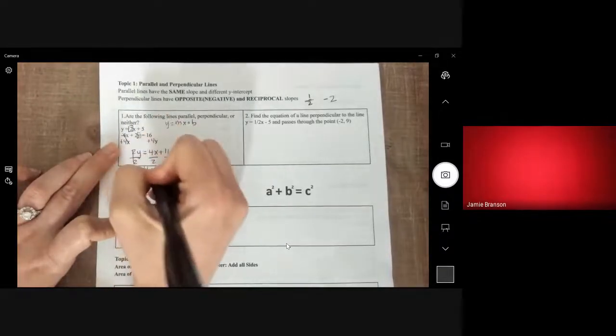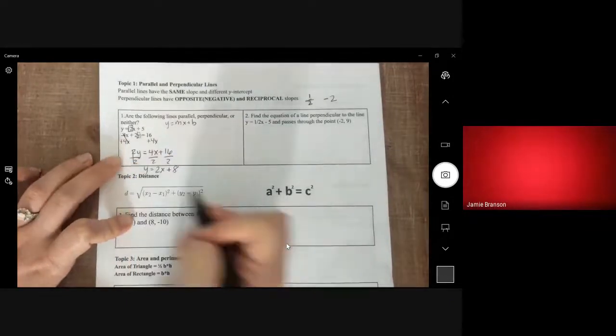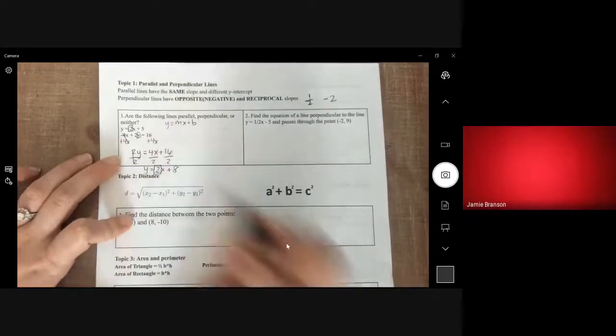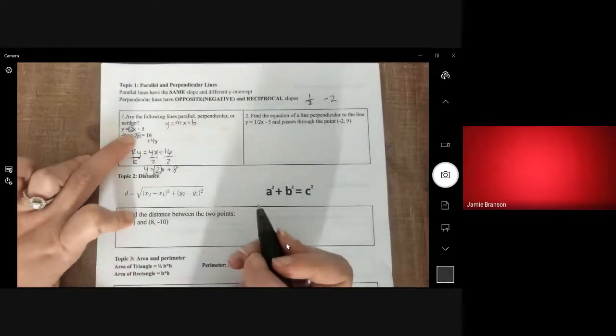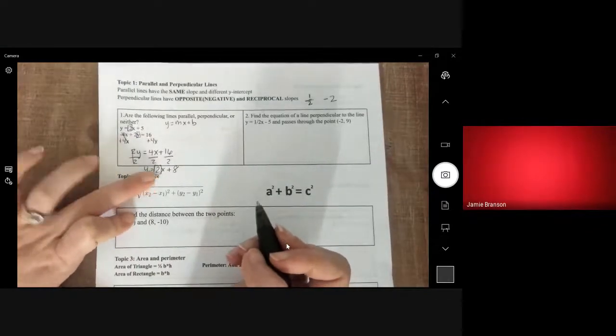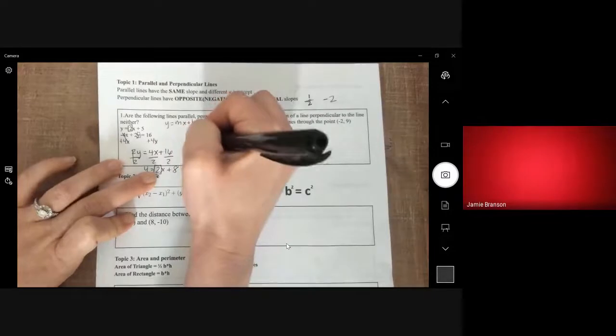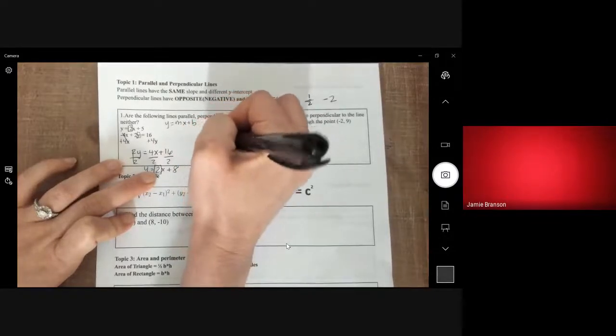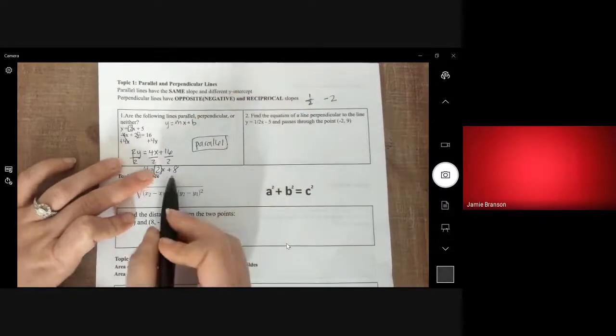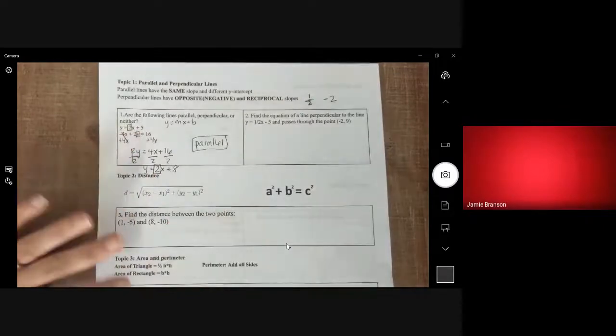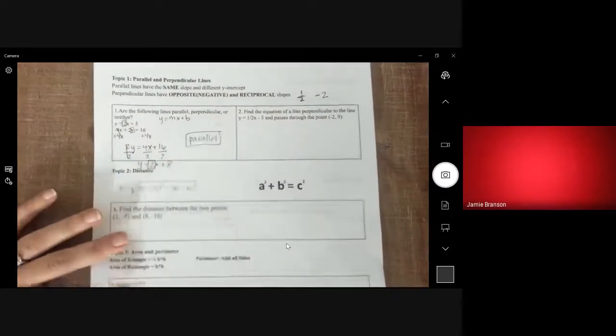So we get y equals -2x plus 8. Okay, so the slope of this line is also 2. So since this line has a slope of 2, this one also has a slope of 2. That means these are parallel because they have the same slope and different y-intercepts. That just makes sure they're not the exact same line.